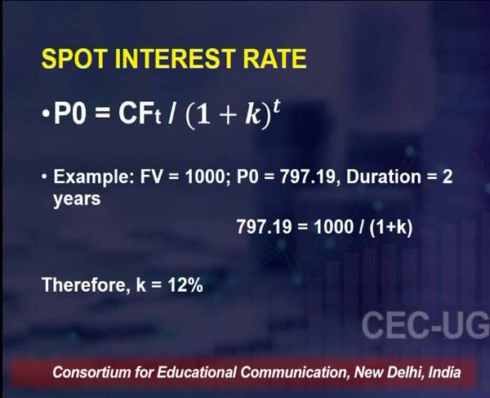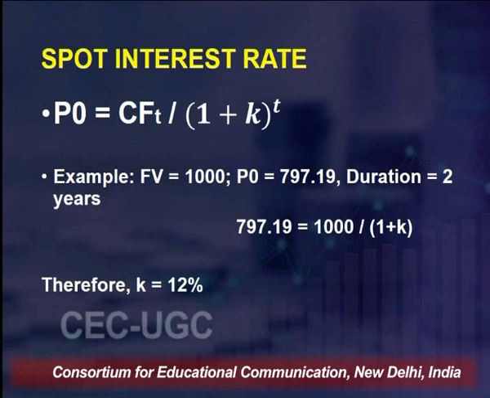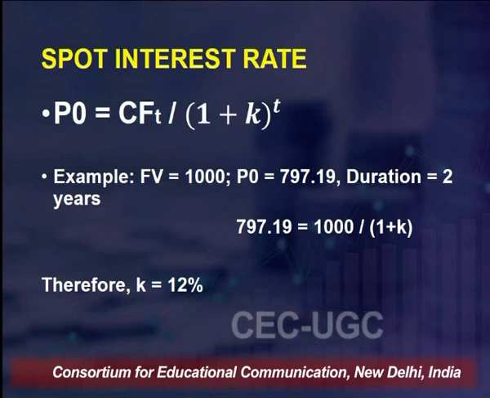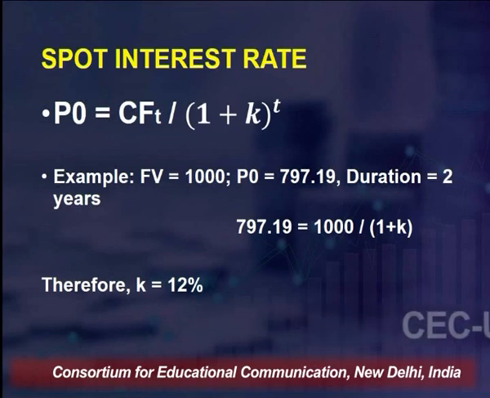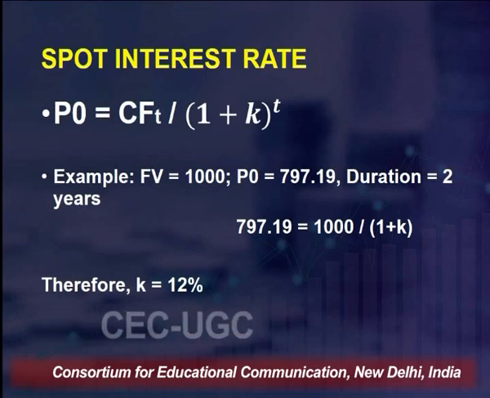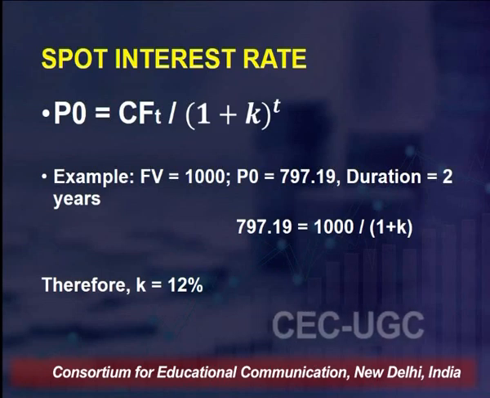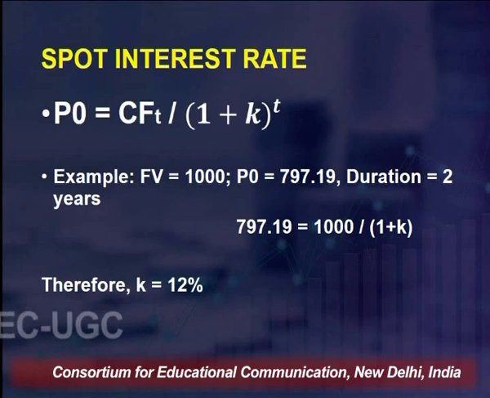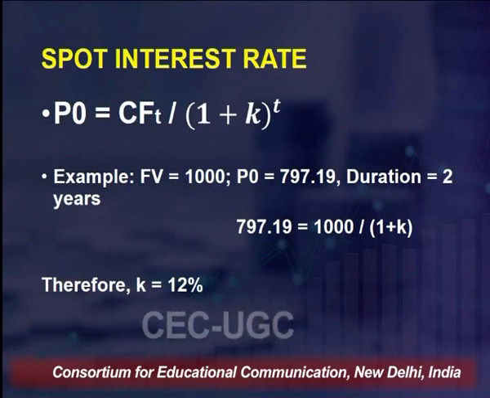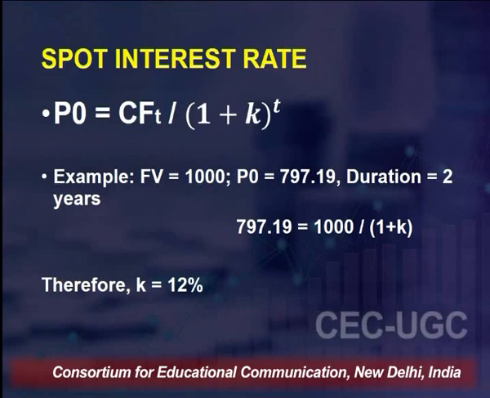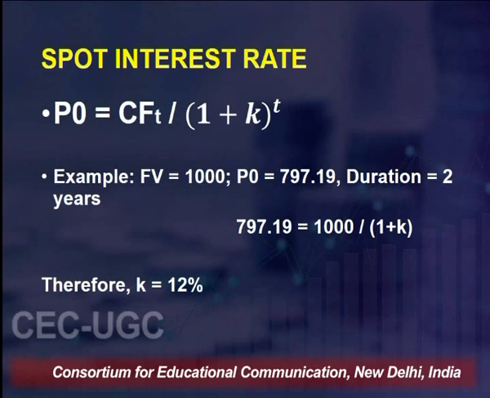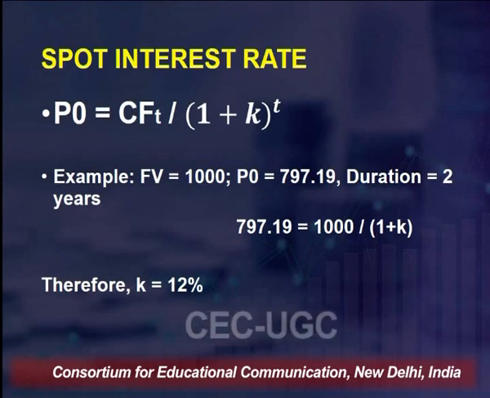So, cash flow, as I just discussed, when we are talking about the present value, say for example, there is a bond with a face value of rupees 1000 and it is available at 797.19 in the market, or at the time when the company is issuing, and the maturity period is 2 years. When we want to calculate in this scenario what my spot interest rate is as an investor, I can do the same calculation using this formula: P0 is equal to CFt divided by (1 plus k) raised to the power t.